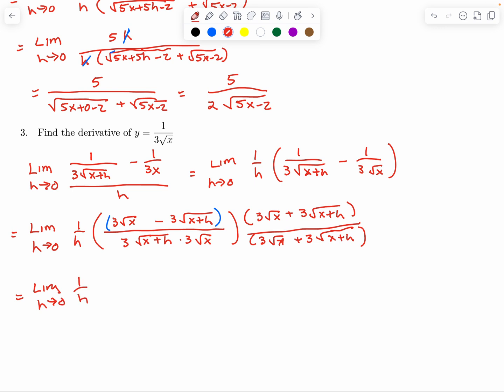Okay, 3 root x times 3 root x is 9x. The plus and the minus make everything in the middle cancel, and then you have 9x plus h. And there's all this junk being multiplied together. Don't try and do anything with it yet. Isn't this lovely?